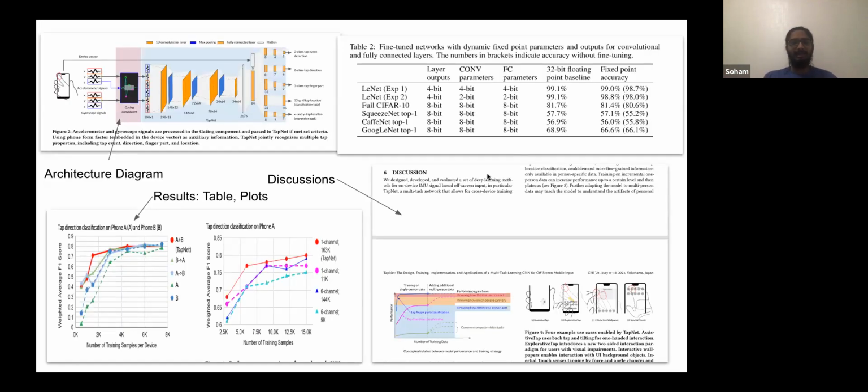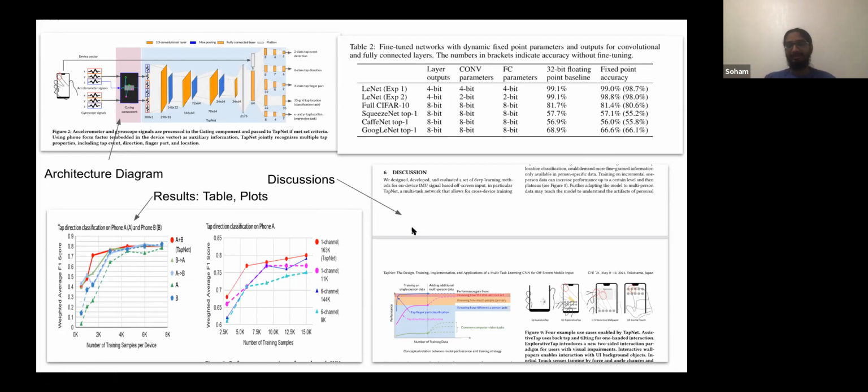And in between, especially in deep learning and machine learning research papers, you'll have an architecture diagram, for instance. Lots of papers have those. You'll also have results, which might be formatted in a table like this, or plots like this.